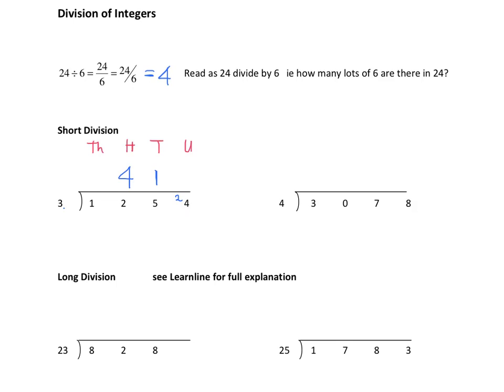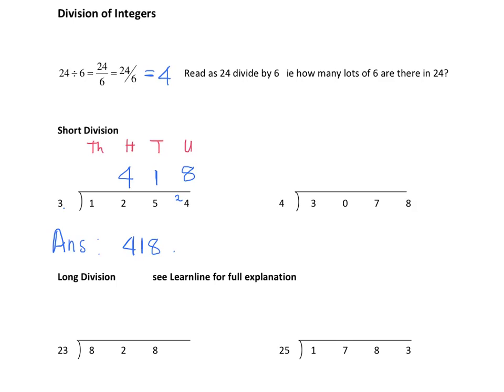Well, the number of 3s in 24 is exactly 8, and that goes into the units column. So there's your answer. It's exactly 418.